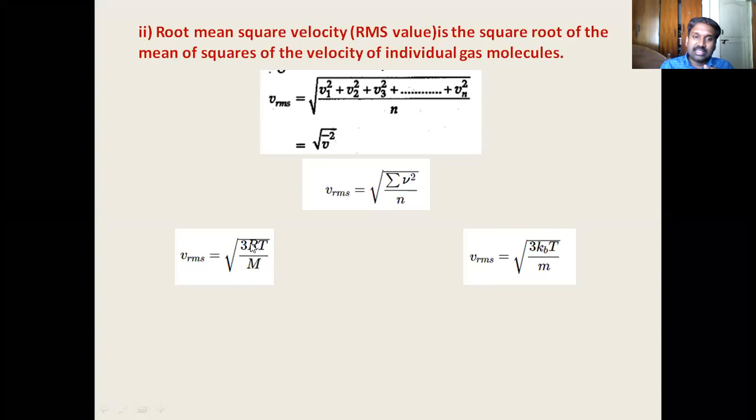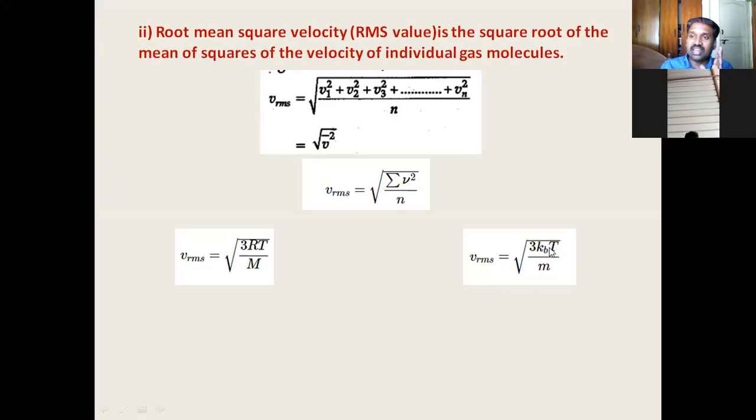So what are these real gas constants and Boltzmann constants? Actually, they are the same, except the real gas constant is a constant when we consider 1 mole of a gas, whereas the Boltzmann constant is a constant when we consider a single gas molecule.